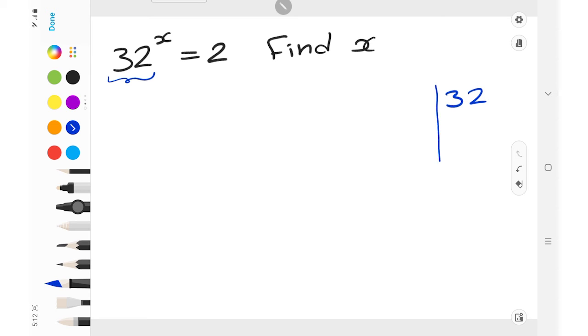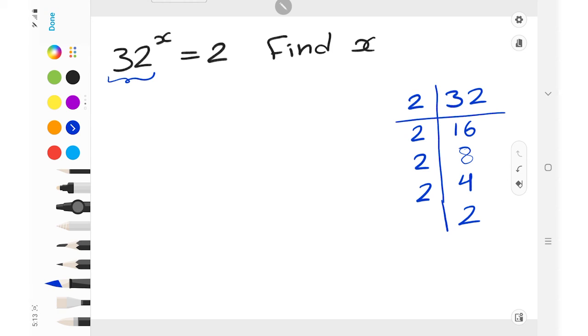I start with the first prime number, 2. 32 divided by 2 we get 16. 16 is also in the 2 times table: 2 eights are 16, 2 fours are 8, 2 twos are 4, and 2 ones are 2. So what we have here is 2 to the power 5.